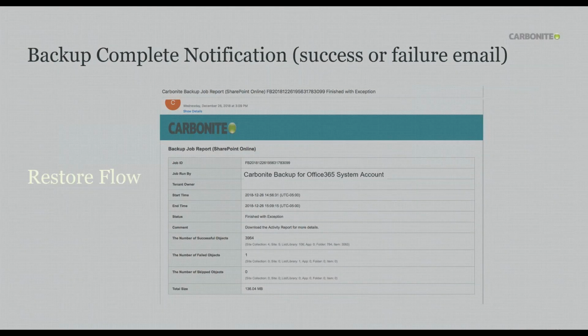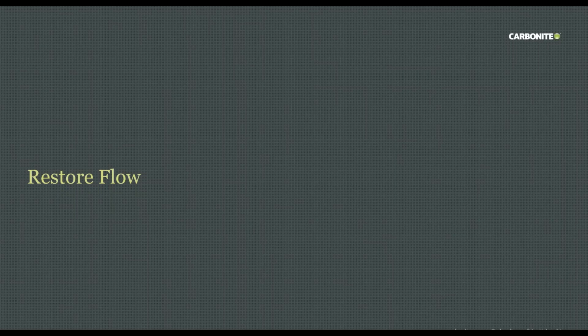So we've talked about backup, really, which can be done in just a handful of steps. For most organizations that use Carbonite Backup for Office 365 today, onboarding can be done in 20 minutes or less.